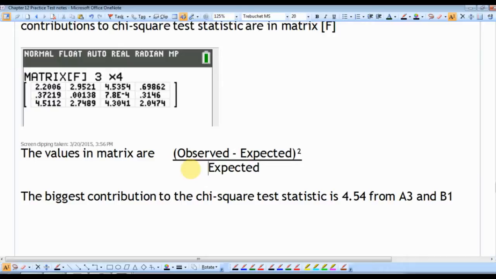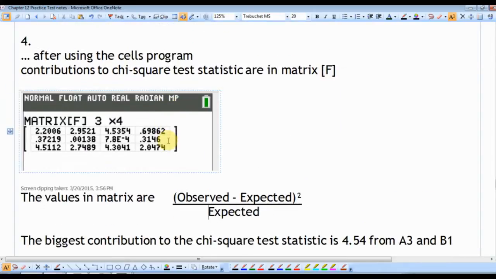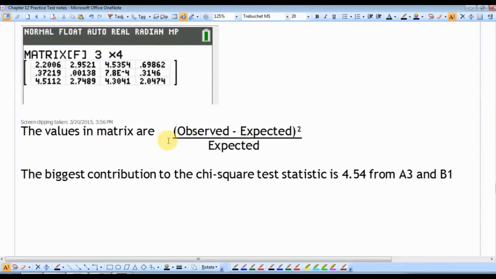So if you added all of these numbers here together, you would get the chi-square, which I think was 24. Yeah, it was 24. This is what you'd use in the equation with the sum.